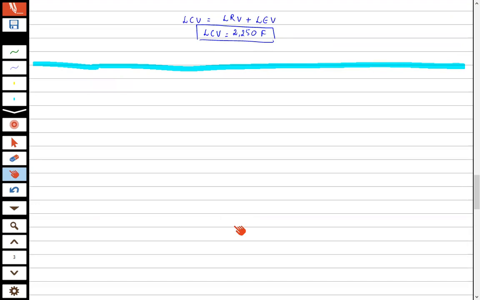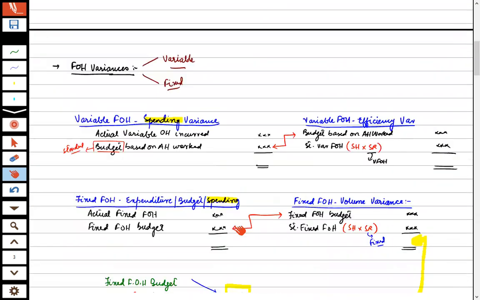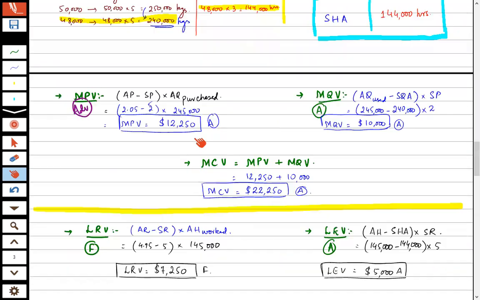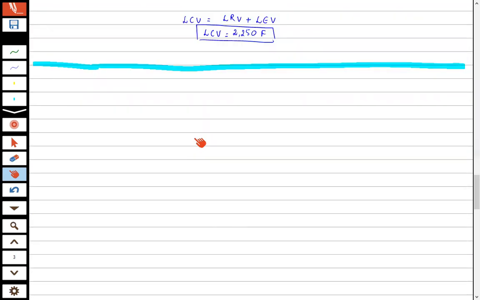First, we will do the variable FOH variances that we had done in the formula. This formula will be applied here. See how it will be applied. Variable FOH spending variance.